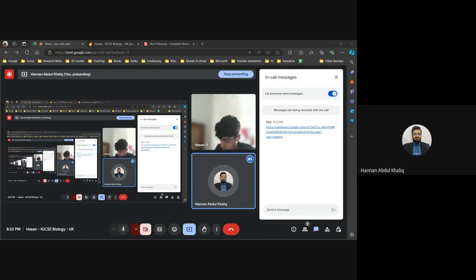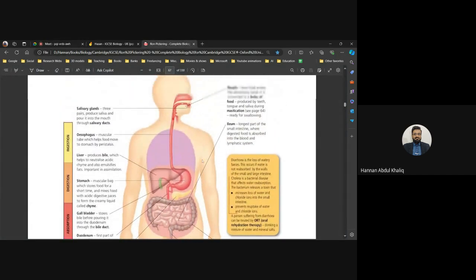Why is it a problem? It is a problem because the students are not able to remember which organ comes after which one, and which organ is involved in what phenomena, which organ is basically working for what purpose. That is the problem. The way you are looking at this particular diagram, the students mostly forget when they start studying these organs and their functions in detail. That is one of the biggest problems.